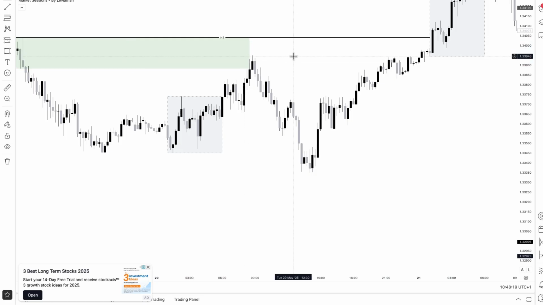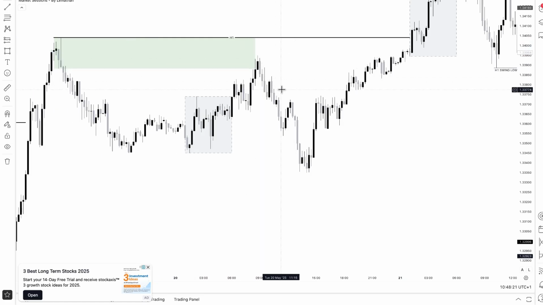This was the POI and the price mitigated the POI, and there was an LC2B, to be honest, but I'm not interested in taking those kind of trades, especially when the POI is formed yesterday.